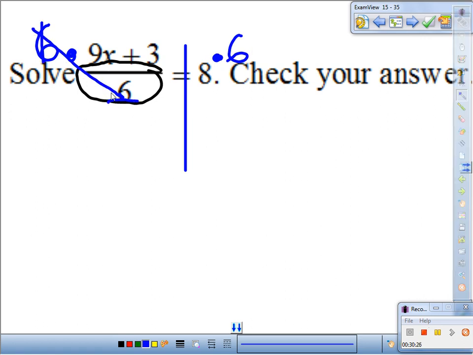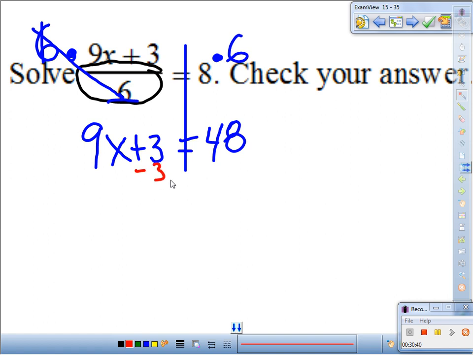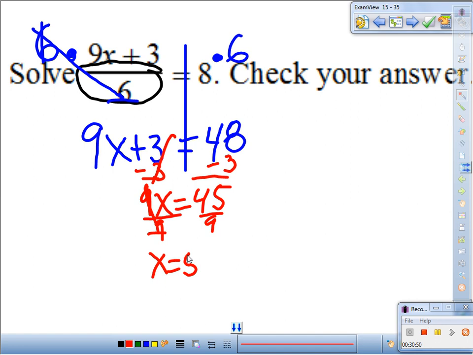It becomes a 1, but it fades away because we multiply it in. This becomes 9x plus 3 equals 6 times 8 is 48. Do we know what to do from there? Yes. Minus 3 minus 3. 9x equals 45. Divide by 9, divide by 9. x equals 5. Check your work on your study guide.